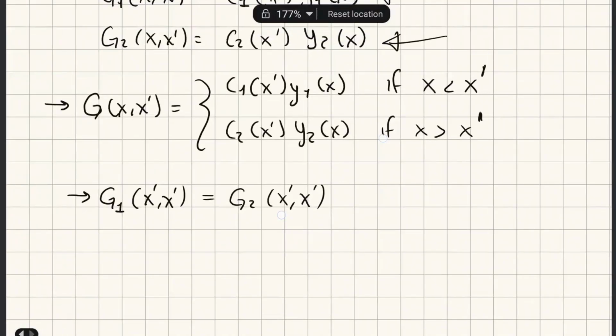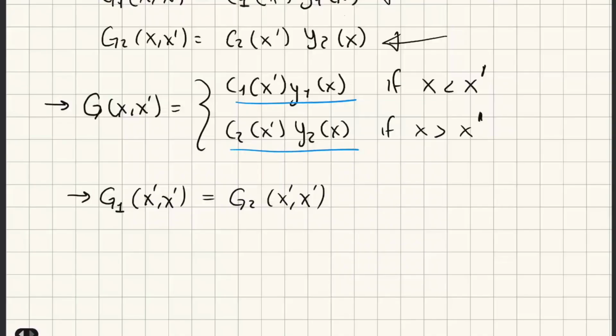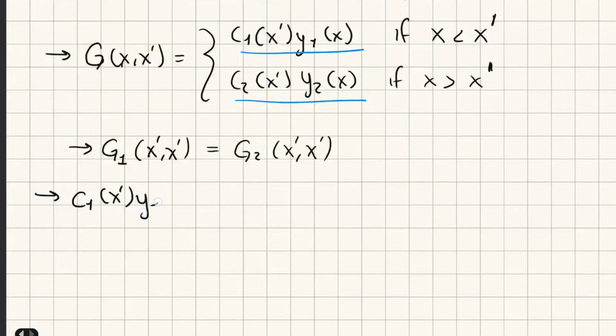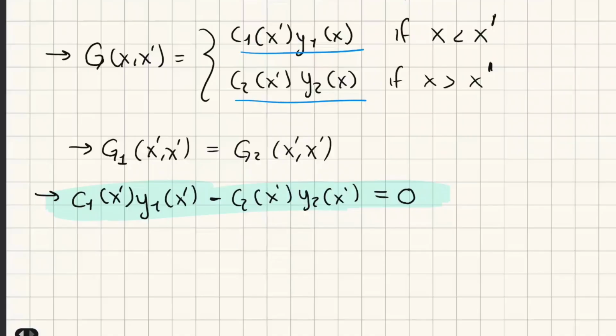And notice that g1 is this function over here and g2 is this function over here. So it is easy to see that this implies that c1 of x prime, y1 of x prime minus c2 of x prime, y2 of x prime is equal to 0. So I think that this is an important equation to remark.